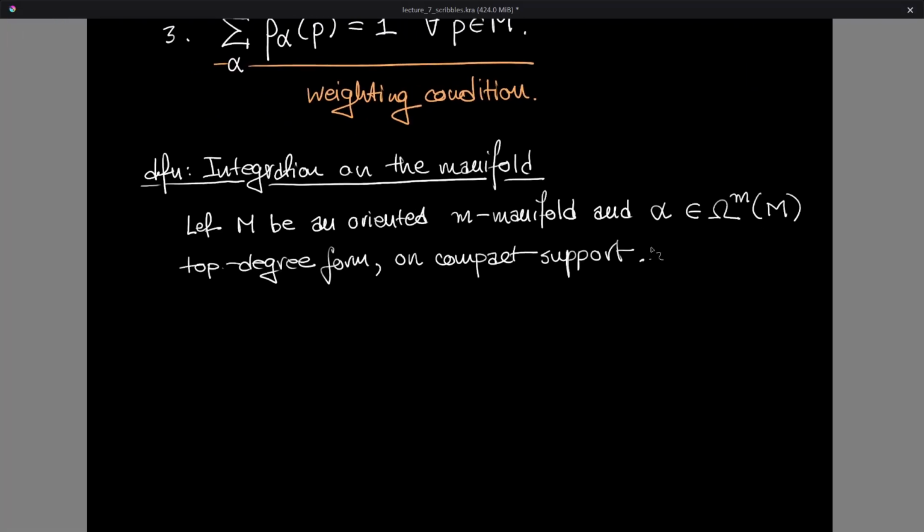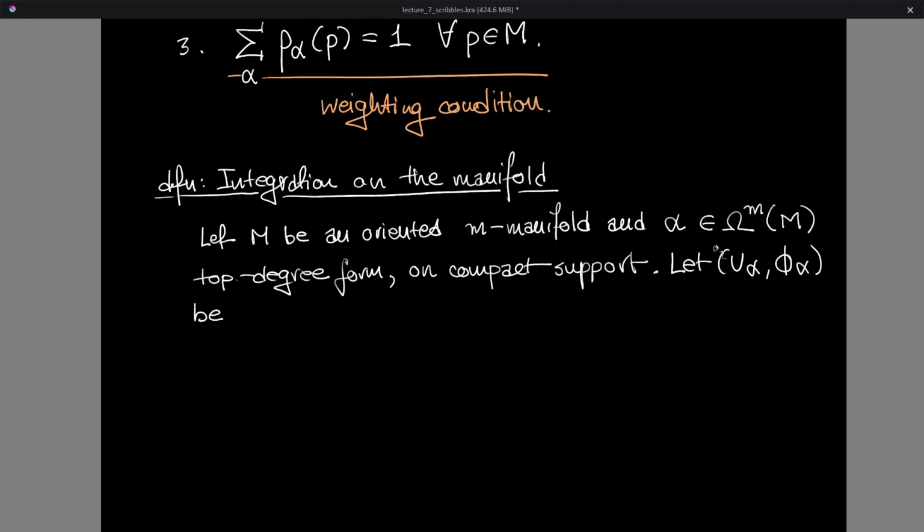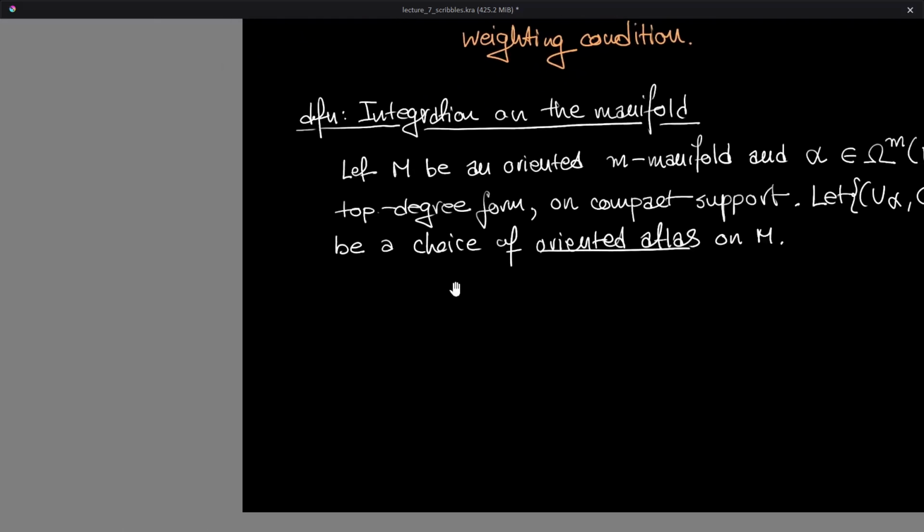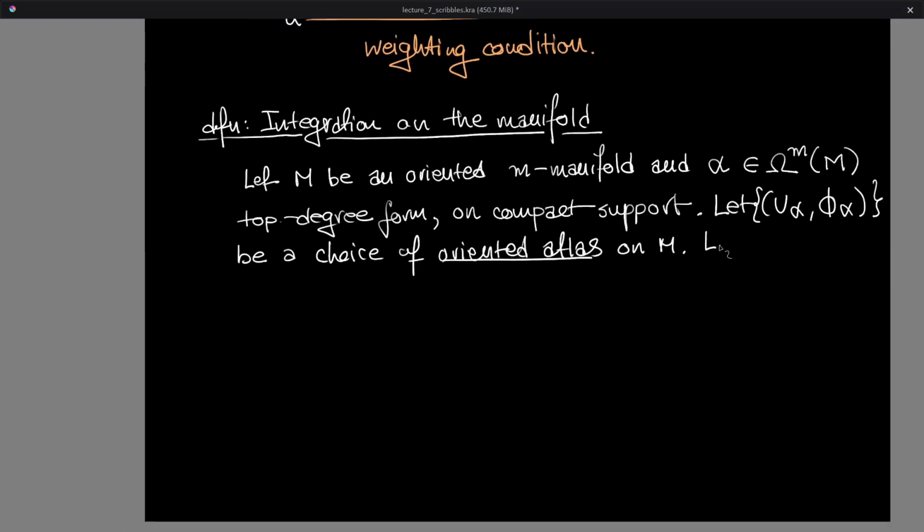So let U alpha, phi alpha be a chart. Let the set U alpha, phi alpha be a choice of oriented atlas. So here's where oriented atlases are coming in. Oriented atlas on M, and there's a lot of things that we're going to need to let exist.